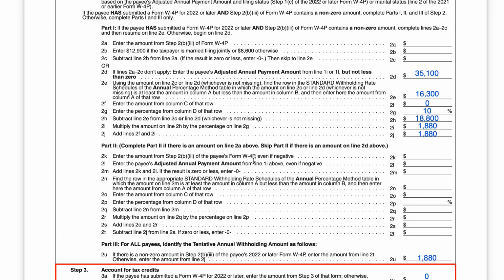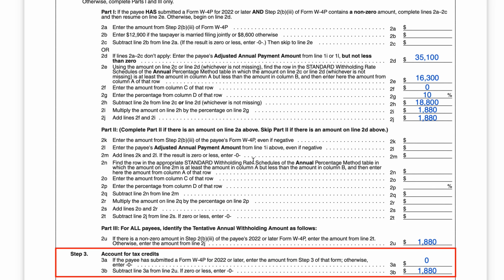Now part 3, this is where we account for tax credits. So in this case, the payer would subtract any tax credits that were entered into step 3 on the Form W-4. And there are no tax credits that we're looking to claim, so we're simply going to carry the 1880 down from that, and then we're going to go to step 4.